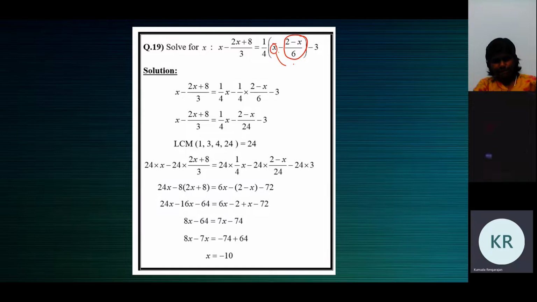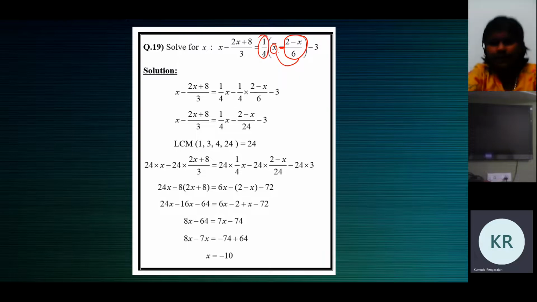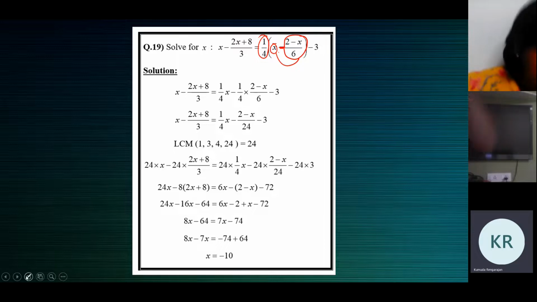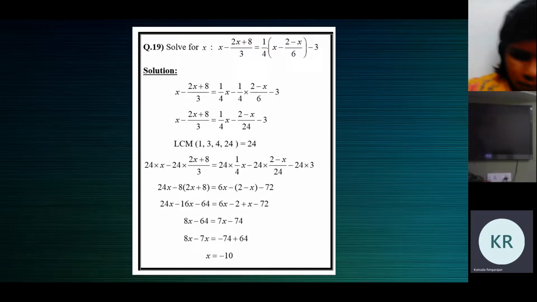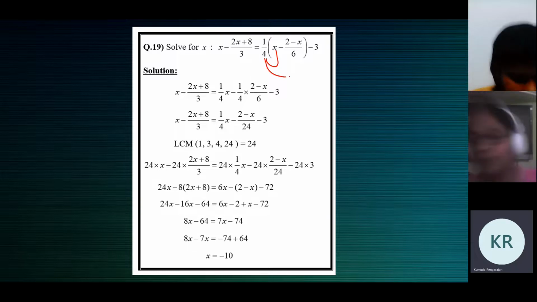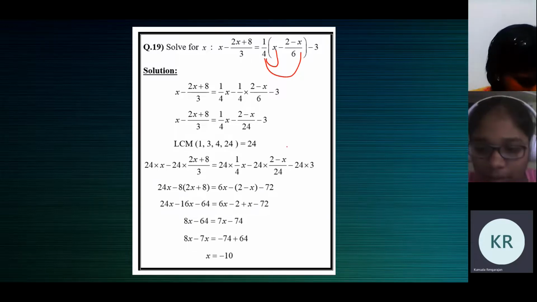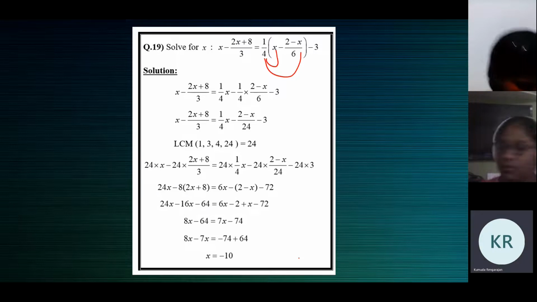We have these two terms separated by the minus sign. And outside the bracket, we have a number 1/4. So here to remove the bracket, you have to multiply 1/4 with x and 1/4 with 2 minus x by 6. Tell me if you understand that.